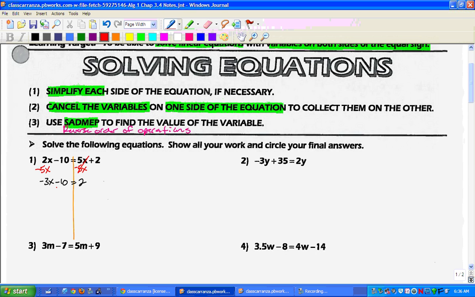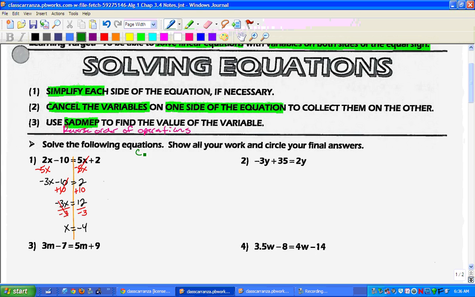Reverse order of operations means we need to get rid of subtraction first by doing the inverse, which is addition. 2 plus 10 is 12. And then divide by a negative 3. You get x equals negative 4.